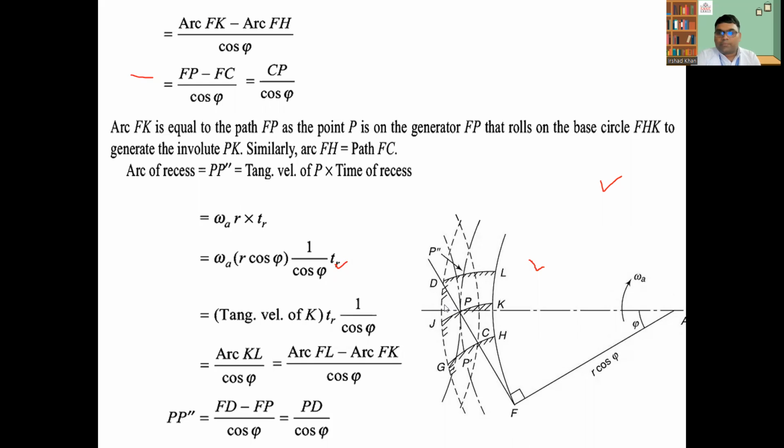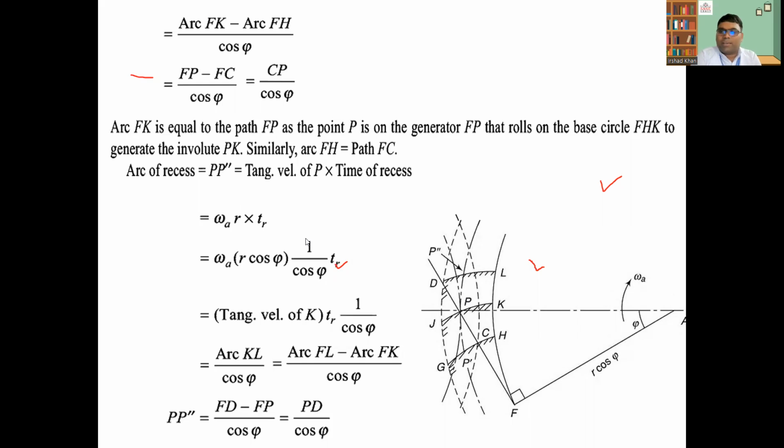So this becomes FP minus FC, and in the diagram this becomes CP. And if you remember, CP is the path of contact. Hope you are getting this.